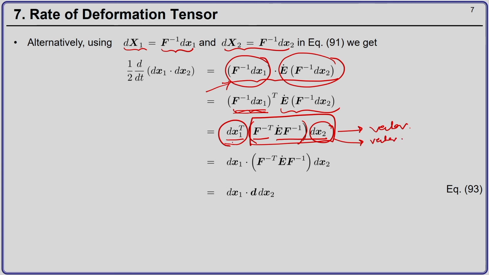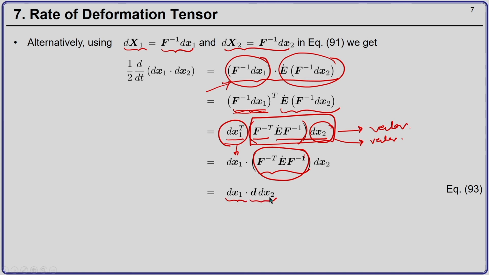So, a vector transpose vector is nothing but vector dot vector. I can write this as dx1 dot F inverse transpose E dot F inverse dx2, and now I can denote this quantity in the bracket by the symbol small d. So, I can write dx1 dot d dx2.